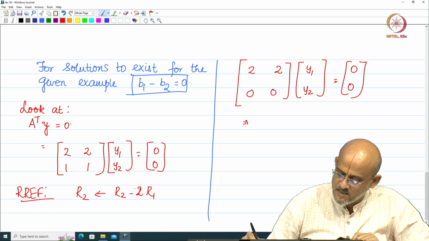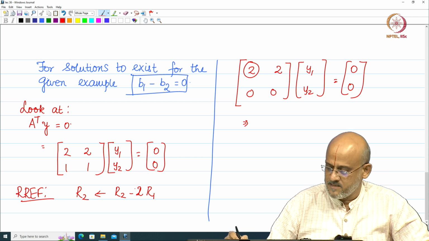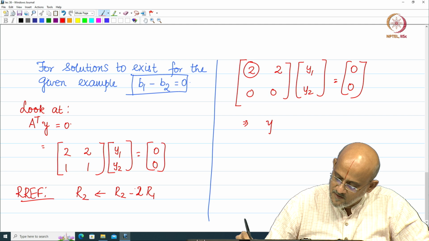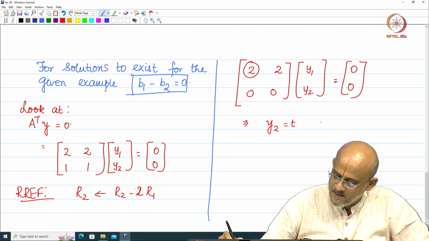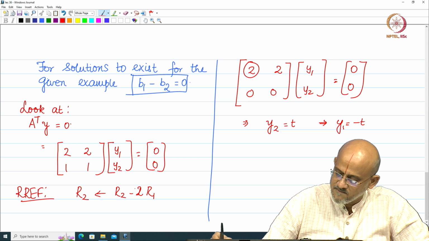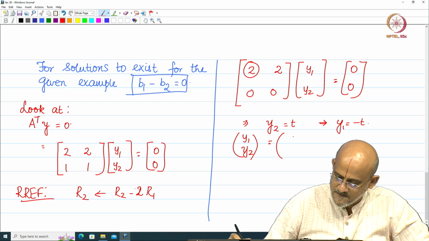Now we see there is a pivot in the first column and there is no pivot in the second column. Therefore y2 is a free variable, so I will take y2 equal to a parameter t, which implies y1 is equal to minus t.